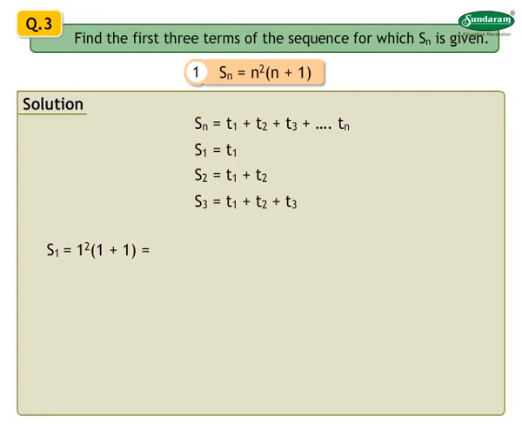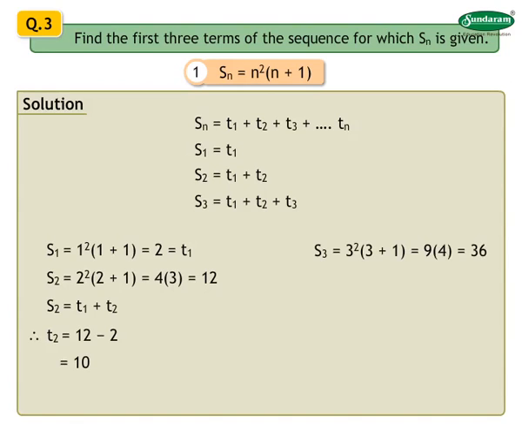S1 = 1²(1 + 1) = 2 = T1. S2 = 2²(2 + 1) = 4 × 3 = 12. S2 = T1 + T2. Therefore, T2 = 12 − 2 = 10.